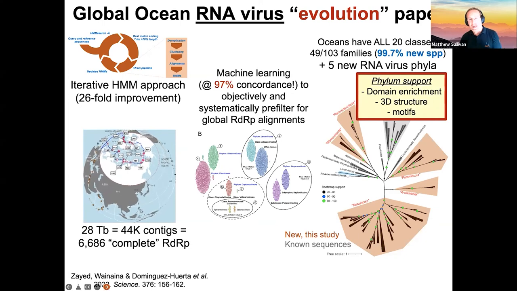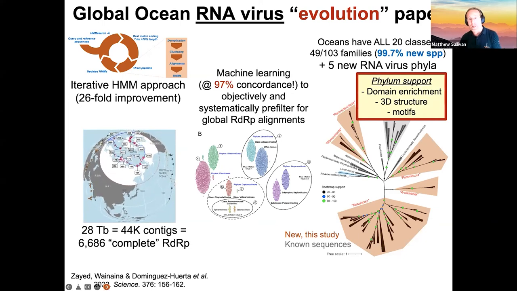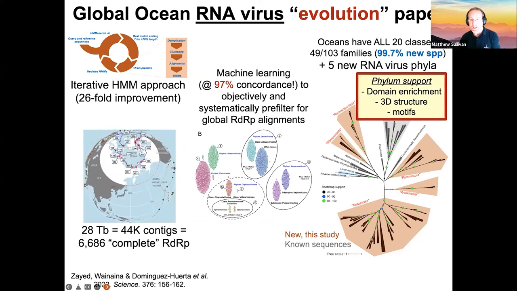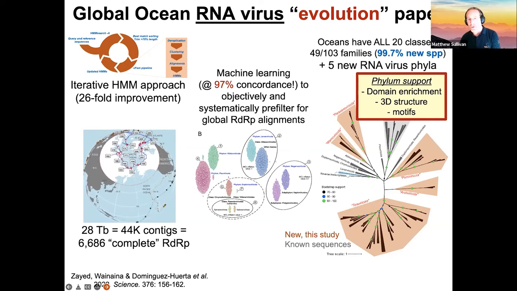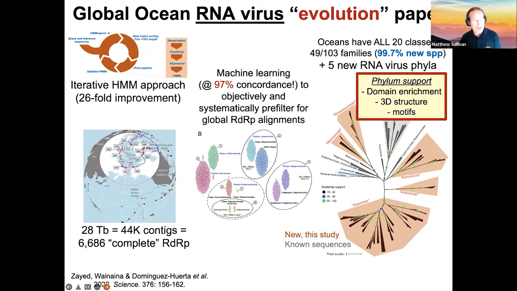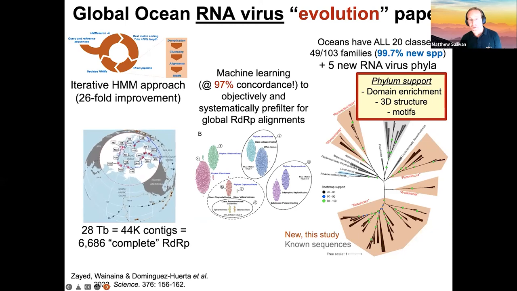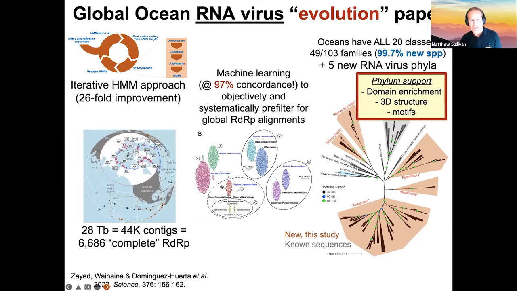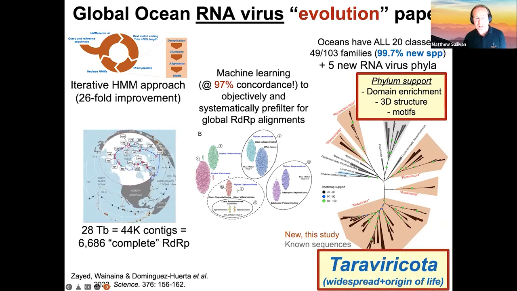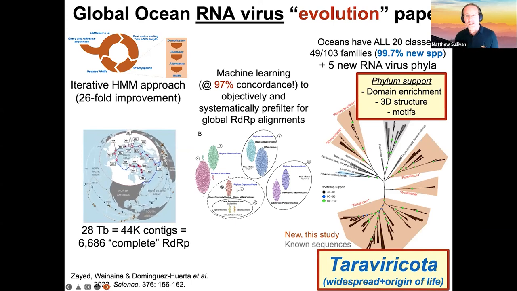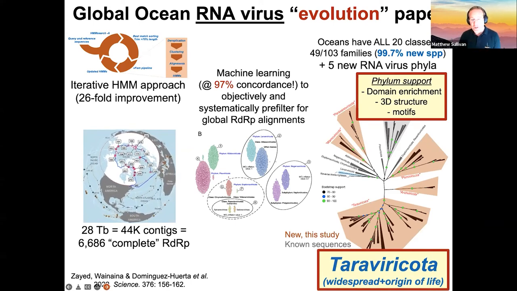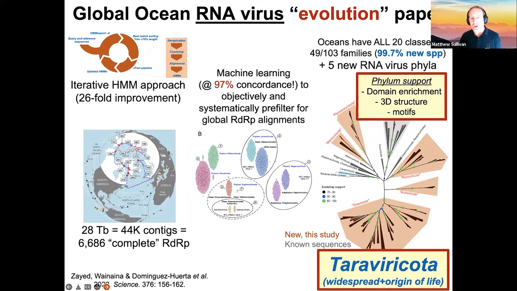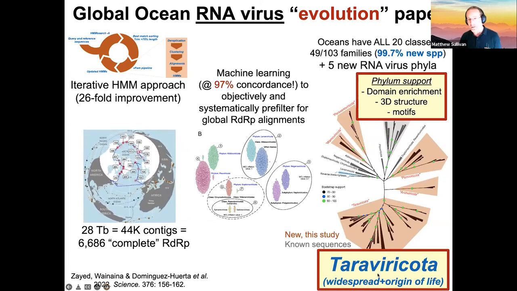And I'll just say that, again, these global alignments are tricky. So we spent a lot of time looking at those phyla to see if they had additional support. There's 3 flavors of additional support that are consistent with these being phylum level taxa. And I'll just flag that in honor of Tara and Tara Oceans, we named the most abundant of these ocean RNA viruses the Tara viricota.